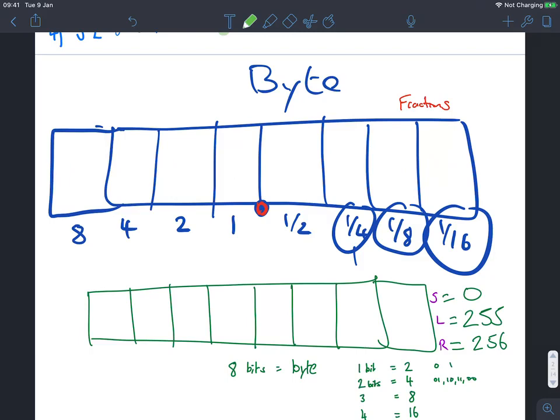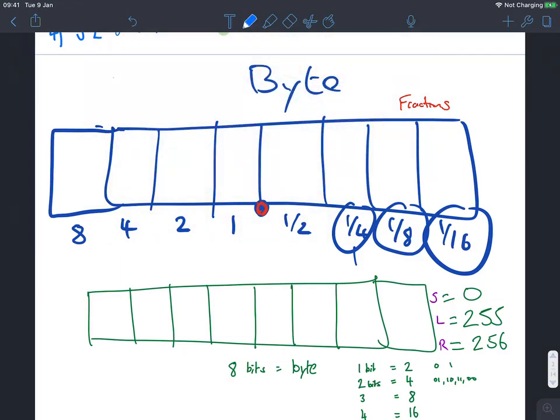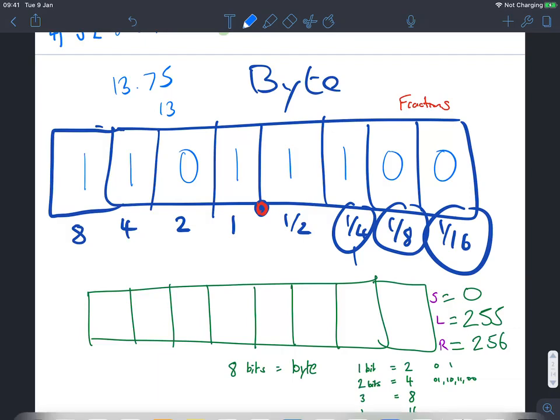And if I wanted to represent a slightly larger number, for example 13.75, then of course I'd have an 8, then the next would be a 4 to make 12, and a 1 to make 13. .75 would be a quarter plus a half. And of course you can expand the fractions below in order to add them.